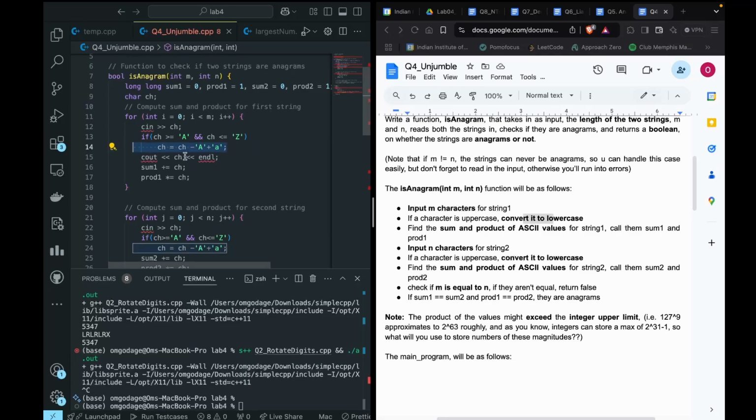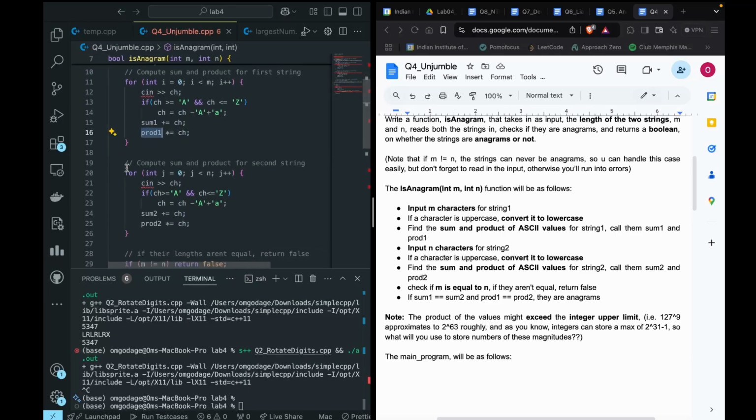You have seen this before. And then find the sum and the product of the ASCII values for string 1. So this is not required over here. So you'll find the sum, and you'll just add the character to the sum, and you'll multiply it to the product, and you'll do the same for the other string as well.